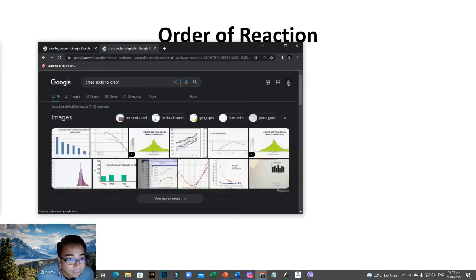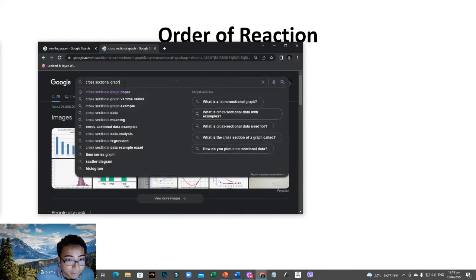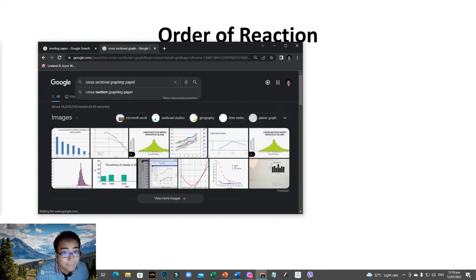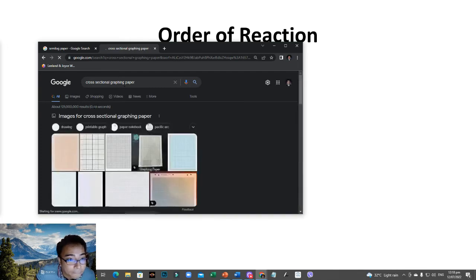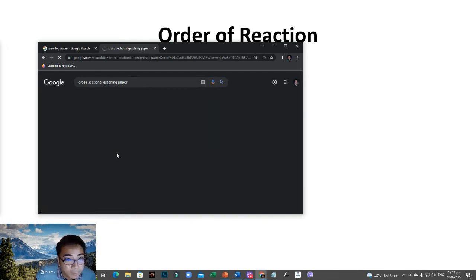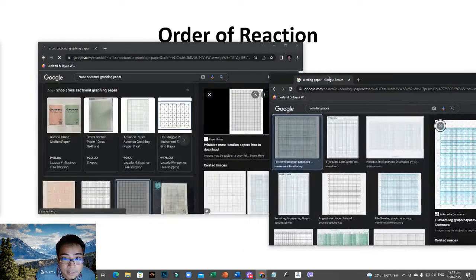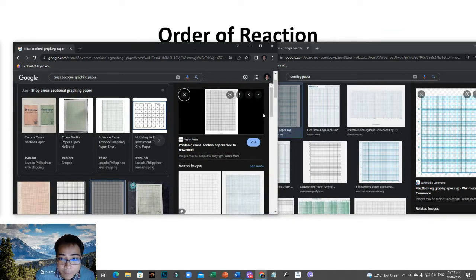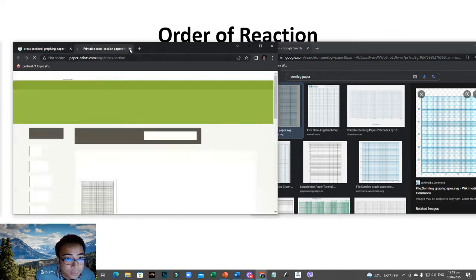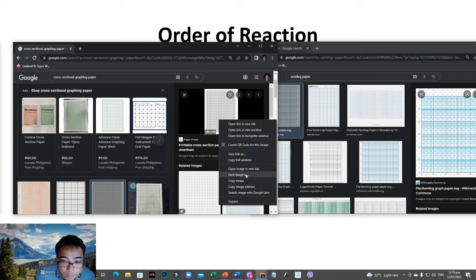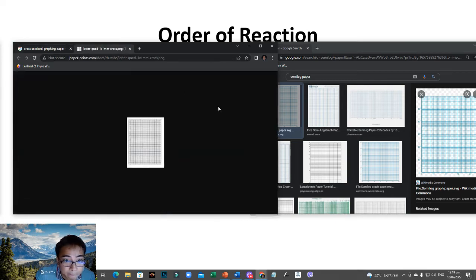Cross-sectional graph. Graphing paper na lang pala. Okay, which looks something like this. So comparing the two class. Open image in new tab.